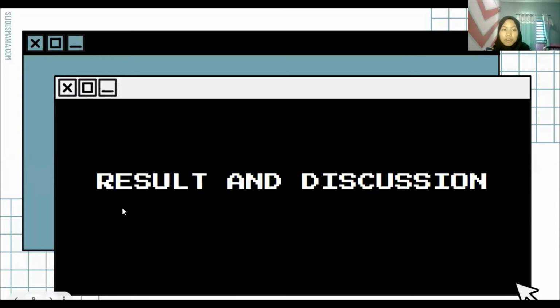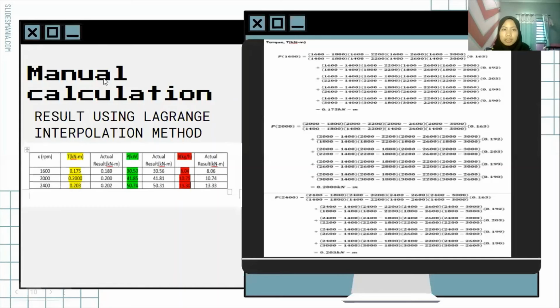For our project, my part is results and discussion. So I will present our manual calculation. We calculate three: torque, power, and weight. This is an example for torque using the Lagrange interpolation method.